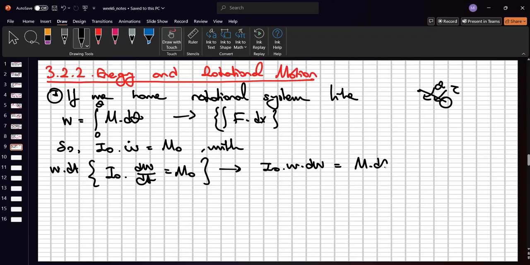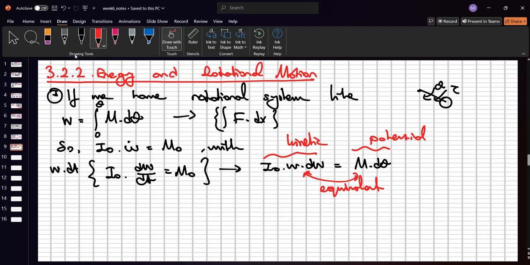The M d theta, right? And so the one of them is the kinetic. The other one is potential, okay? And so this is the equivalent terms, right?